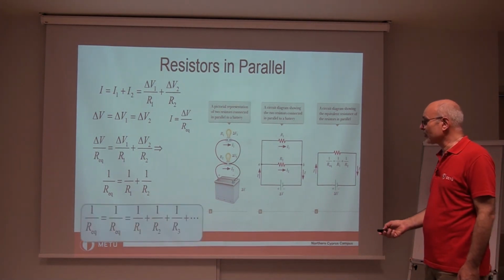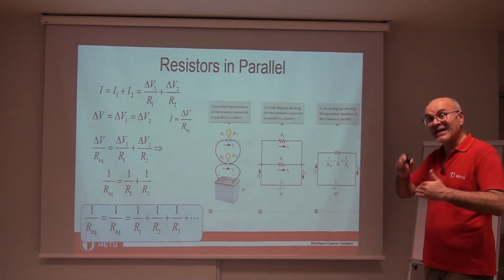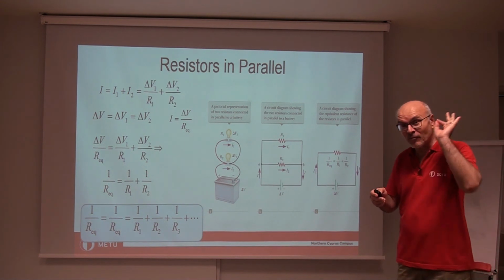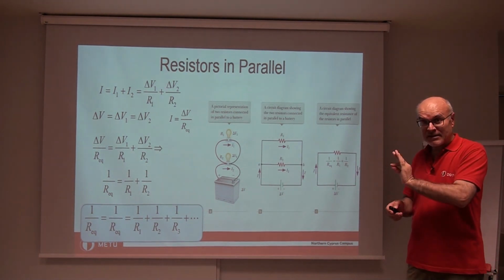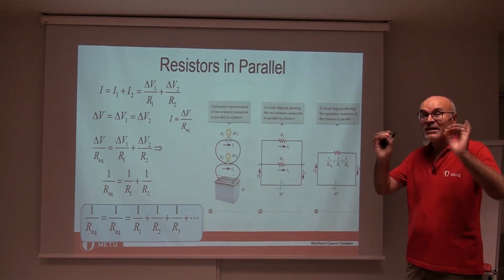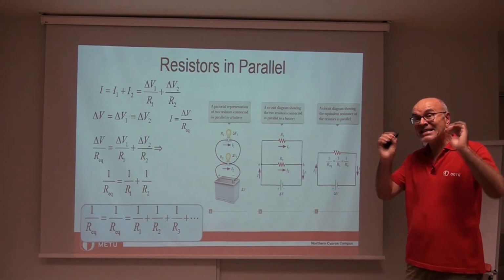And if you have more than two resistances, n resistances connected in parallel, the meaning of parallel in this context is not that they are drawn parallel to each other. No, it means that the potential difference across these resistances is the same.